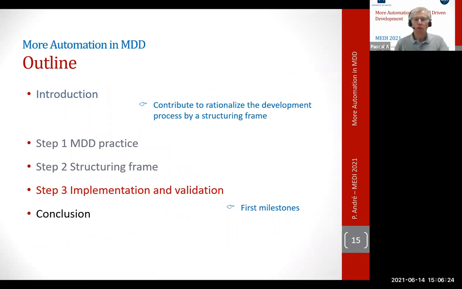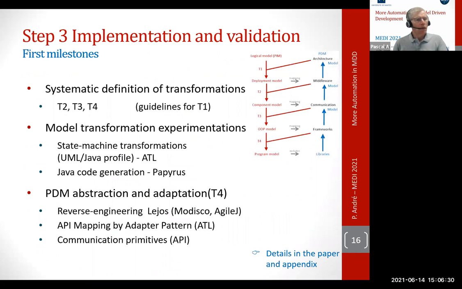Now, I will overview the first milestones of implementation and validation. We currently define systematic transformation for T2, T3, and T4, and provided guidelines for T1. We experimented with model transformation for UML state machine to Java using ATL and Java code generation using Papyrus.